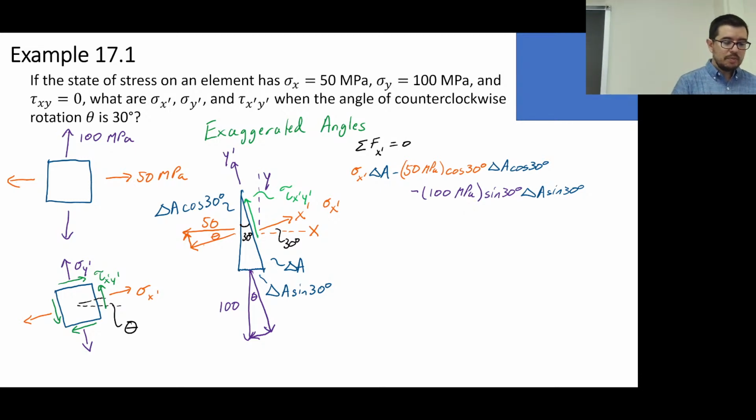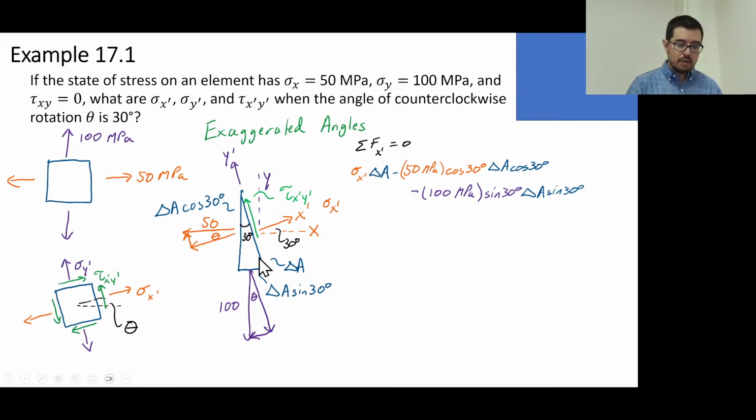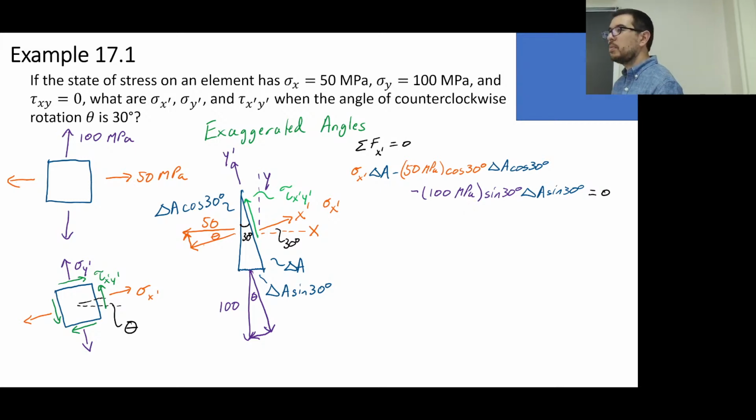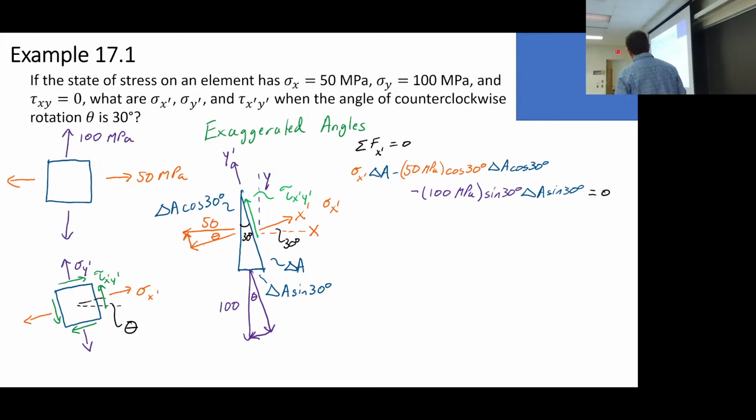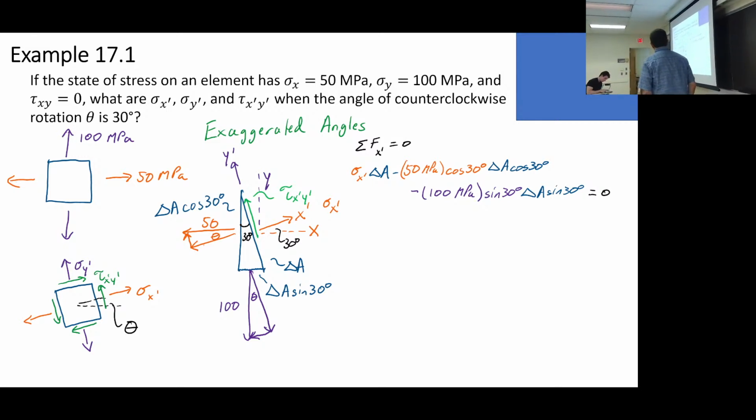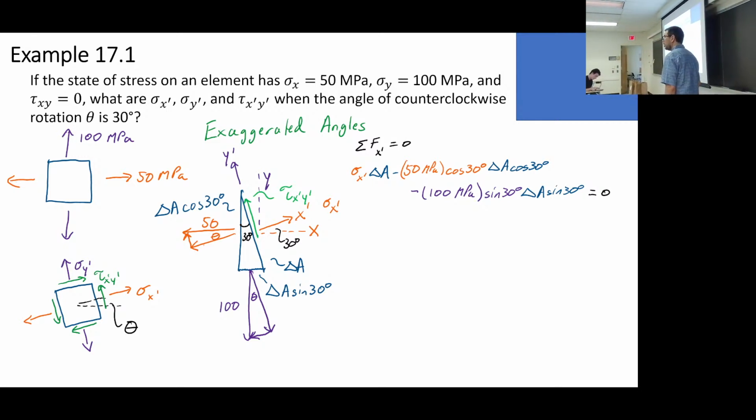There are no other faces with stresses that are contributing to this equilibrium in the x prime direction. Yes. I'm still kind of confused how delta A cosine 30 is included as well. Is it also going in the same direction as 50?